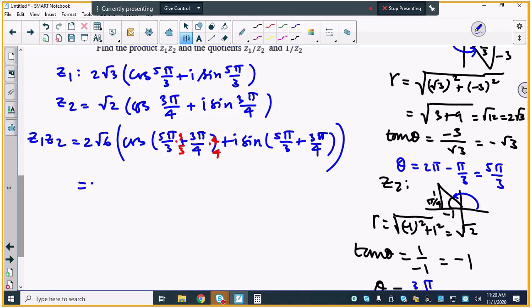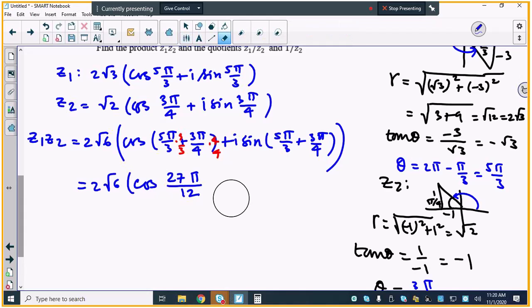And I get 2 square root of 6 cosine 15 plus 12, so 27 pi over 12. Actually, I should have done the other way around. So I did the common denominator wrong. Let me do it one more time. So you had 5 pi over 3 plus 3 pi over 4.